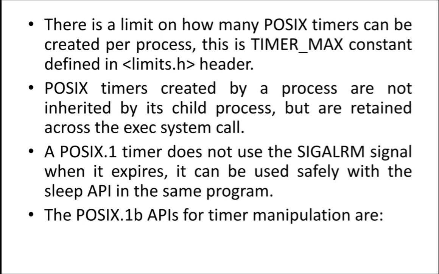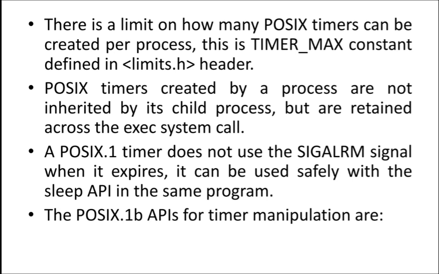The child processes are not going to use the timer that is created by the parent process, right? But the timers are retained across the exec system call. But understand that timers are not going to be used by the child process. Only the process that created the timer is going to use the timer.